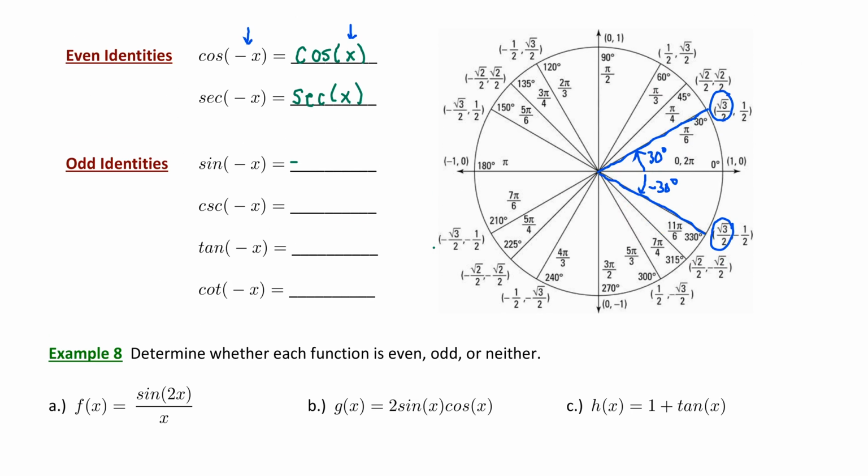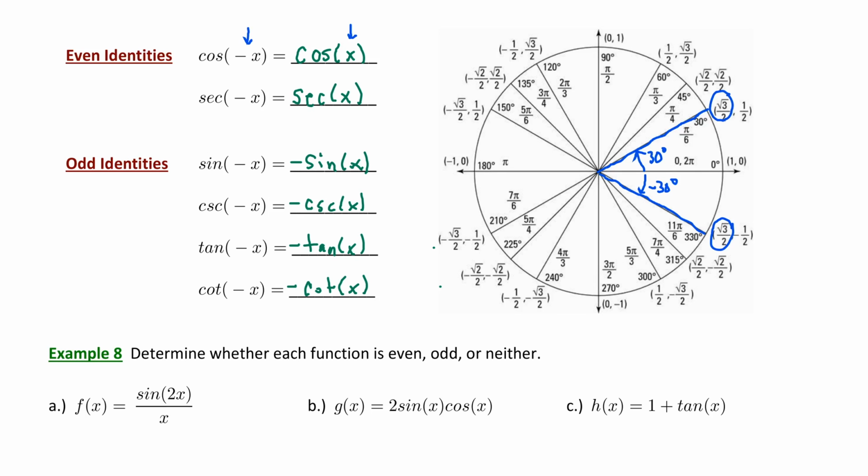Sine of negative x is equal to negative sine of x, and similarly, cosecant of negative x is equal to negative cosecant of x. Tangent of negative x is equal to negative tangent of x, and cotangent of negative x is equal to negative cotangent of x.